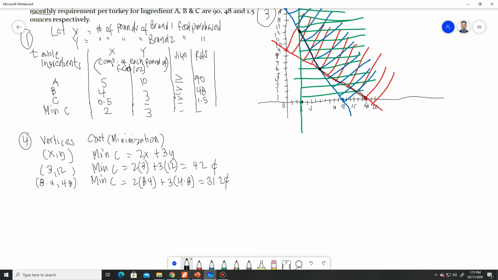And our last vertex, which is here, that is 18 and 0. We have 2 times 18, and this is 0. We have 36 cents per turkey. Now, since we are getting the minimum cost, we will get the minimum value among the answers. And that is this one.